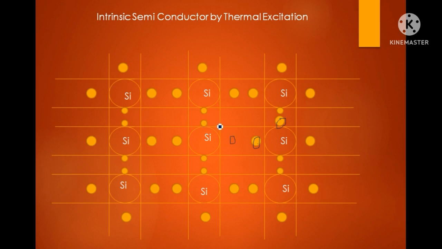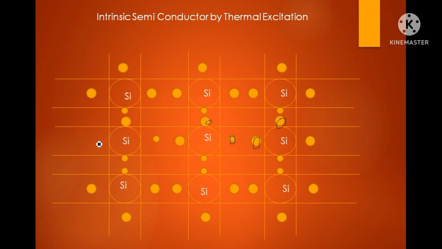Now this electron will move from this position to this position, then here also a hole will be created. In that way electrons are moving and holes are being created, and due to these moving electrons, or these moving holes, current will flow.